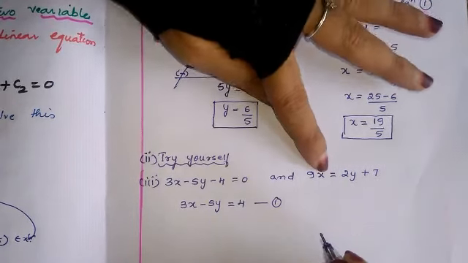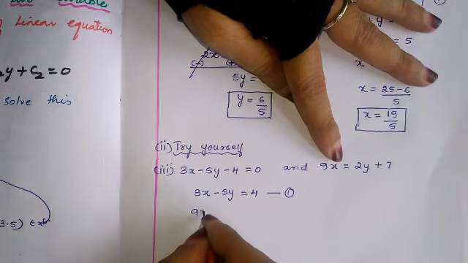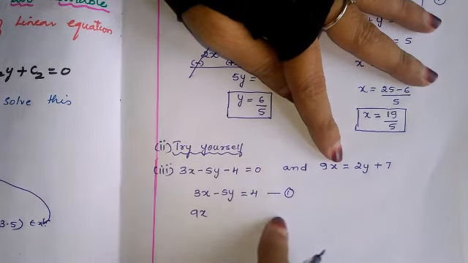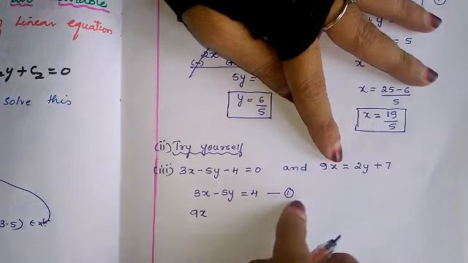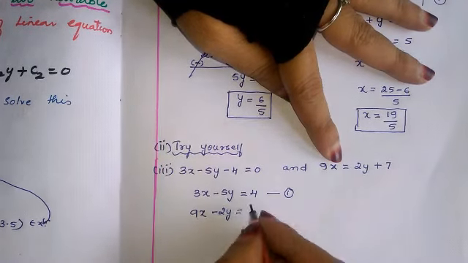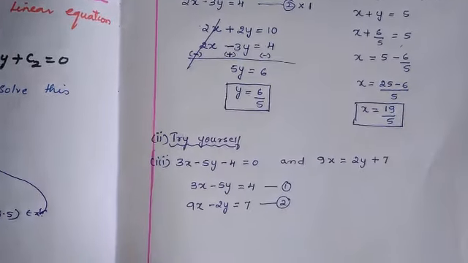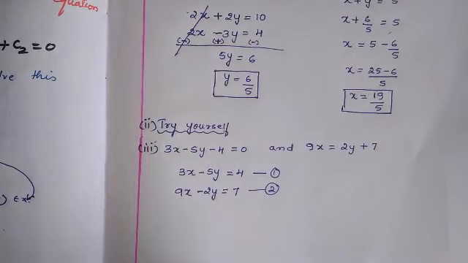Equation 1. So this also we will write now. 9x I will write here only. 2y I should bring here, that plus 2y if I bring here it will become minus 2y is equal to 7. I am keeping it here only. This is equation 2. Now we can see here nothing can be eliminated because nothing is the same here.